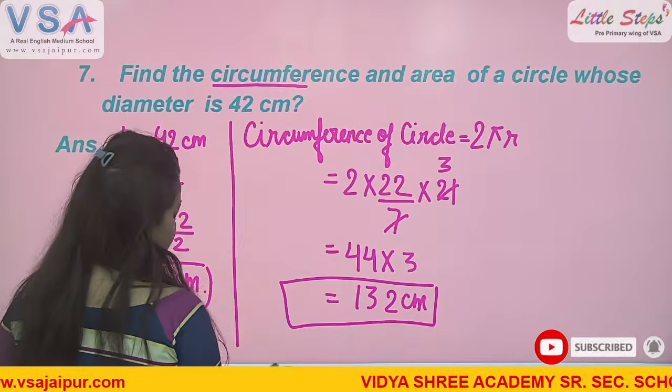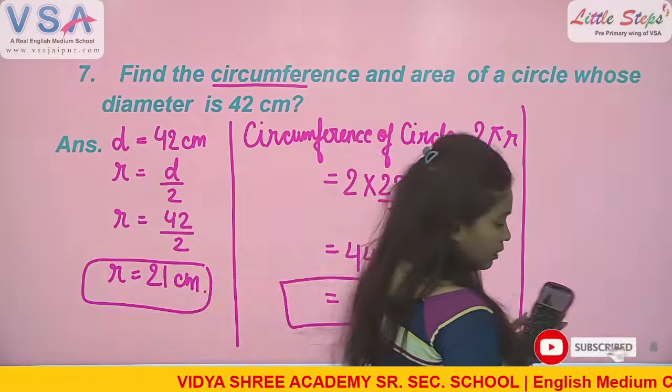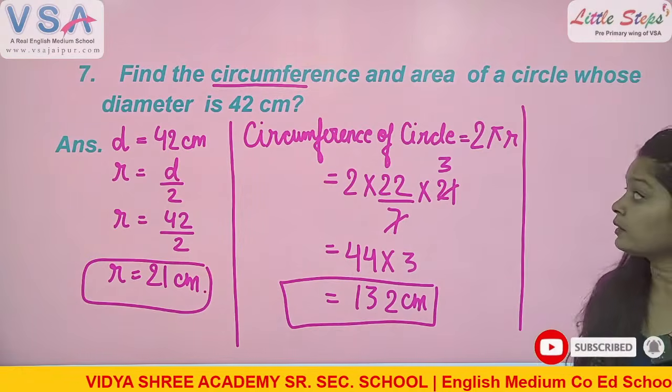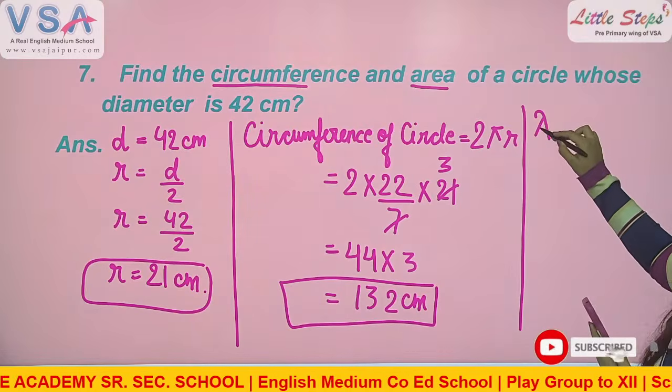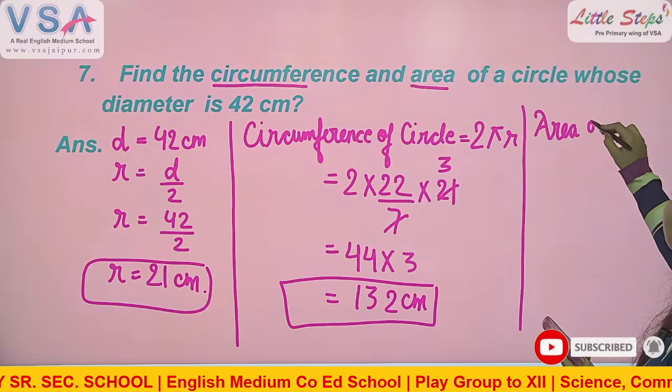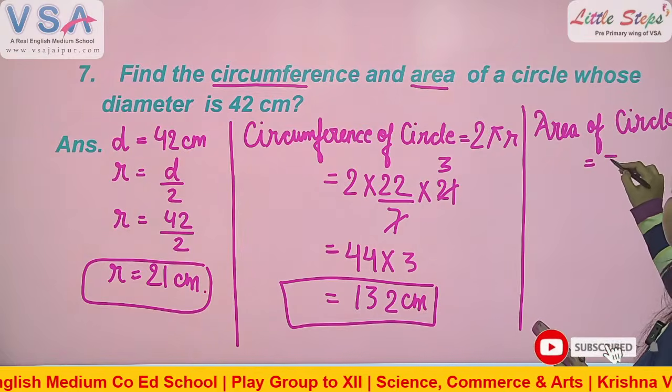Again, the question is asking one more thing. What is it asking? Area of circle also. We need to find out. Tell me, what is the formula of area of circle? Area of circle is equal to pi r square. Yes.